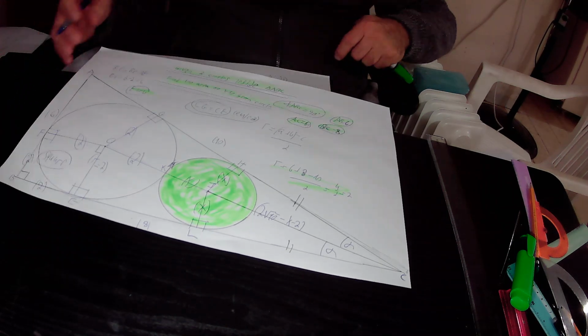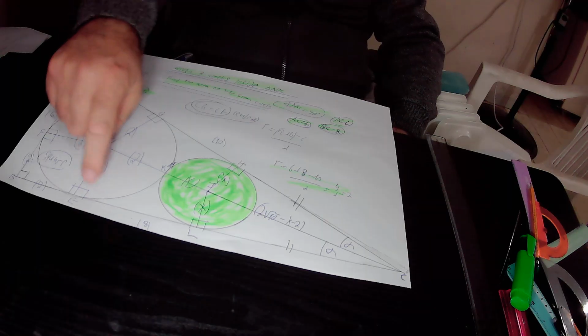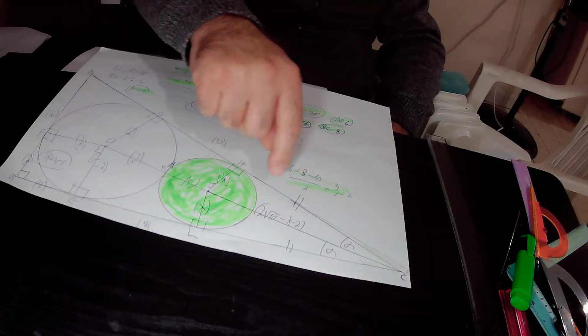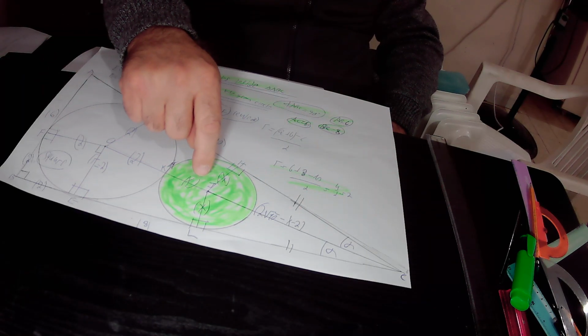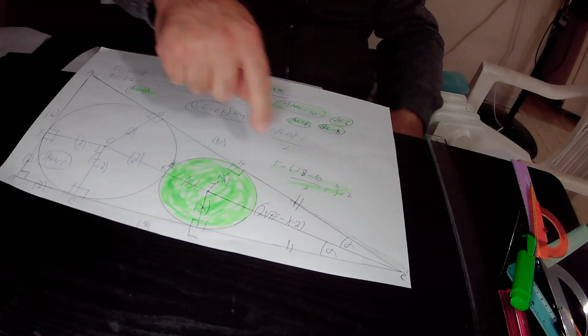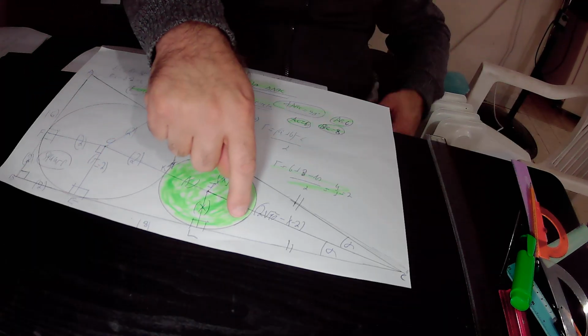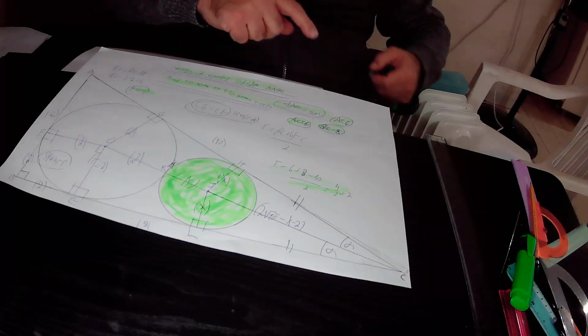In the next step, we'll prove that the right triangle OEC is similar to this right triangle JLC.